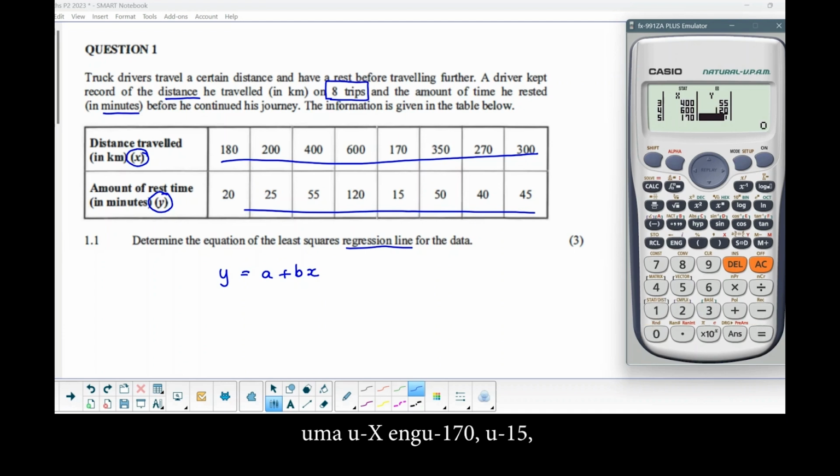When X is 170, I have 15. When X is 350, I have 50. When X is 270, I have 40. And lastly, when X is 300, I have 45.